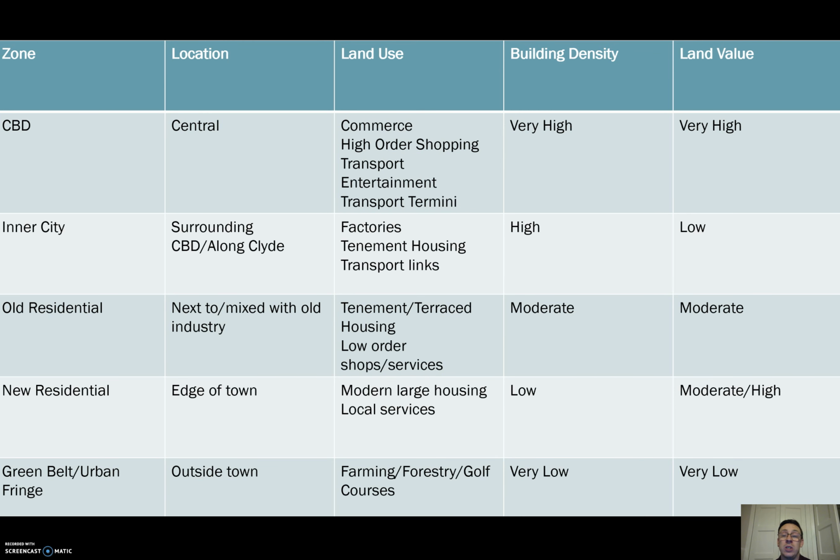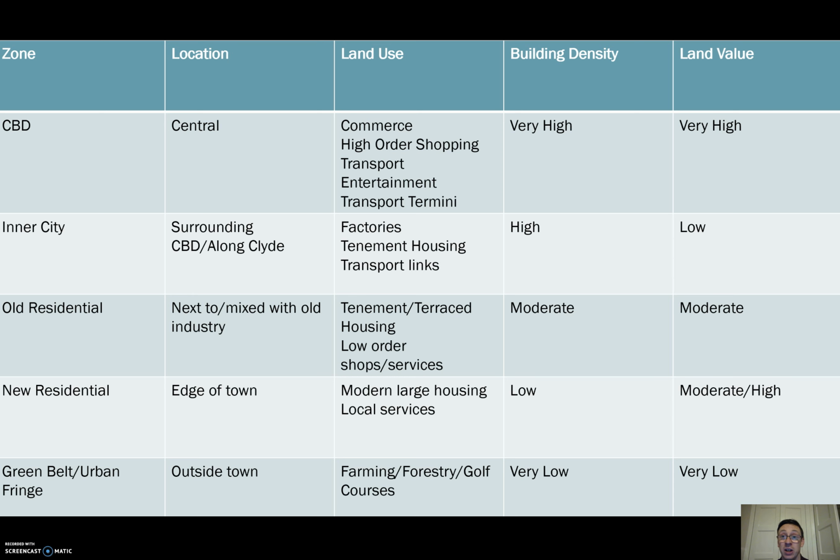Now, when we talk about cities, we talk about different zones within a city, and we can use these zones to help tell us a lot about that city at different points. In the middle of a city, we've got the CBD, or Central Business District. This tends to be the more affluent area, with the most shops, and it's more or less entirely dedicated to land uses that are not residential.